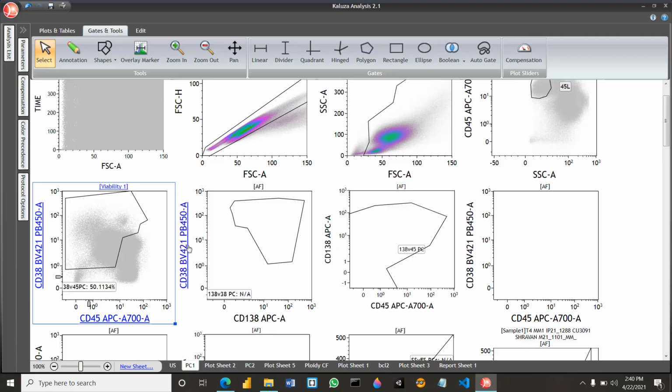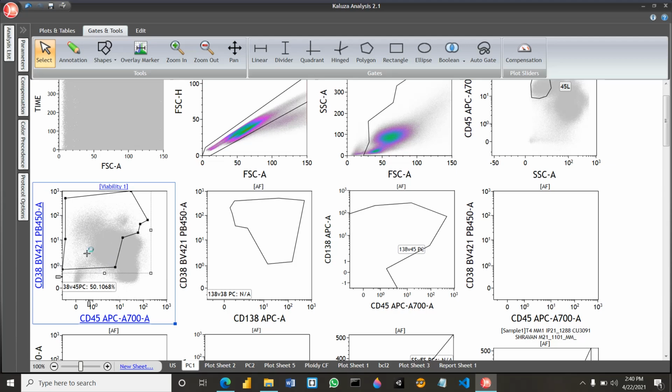Now this looks not very clear. If you look very carefully, we have a few cells which look CD38 positive and CD45 negative, and there is a small cluster which looks CD38 positive and CD45 moderate, and these certainly appear to be plasma cells, and there are other cells also.